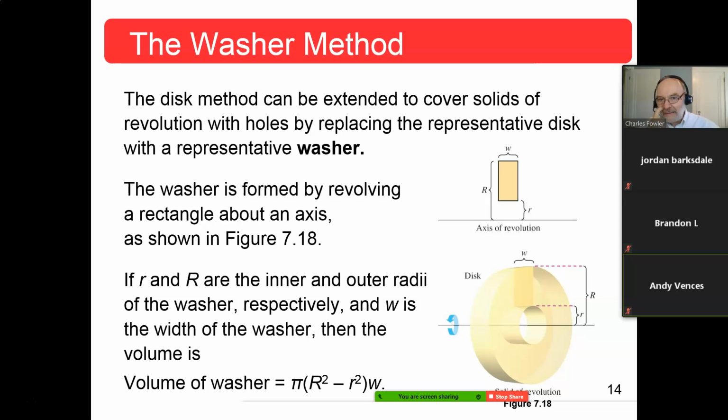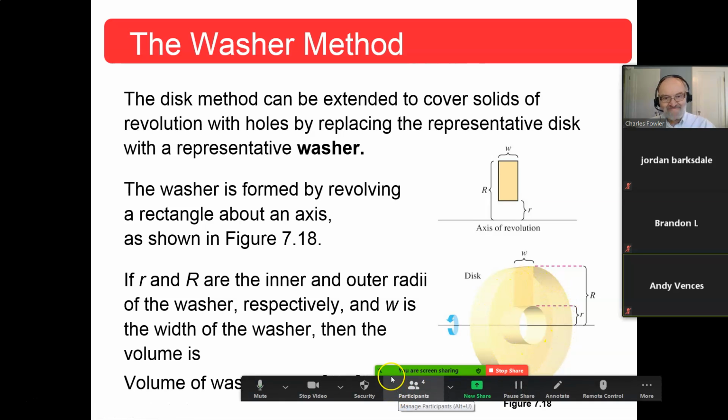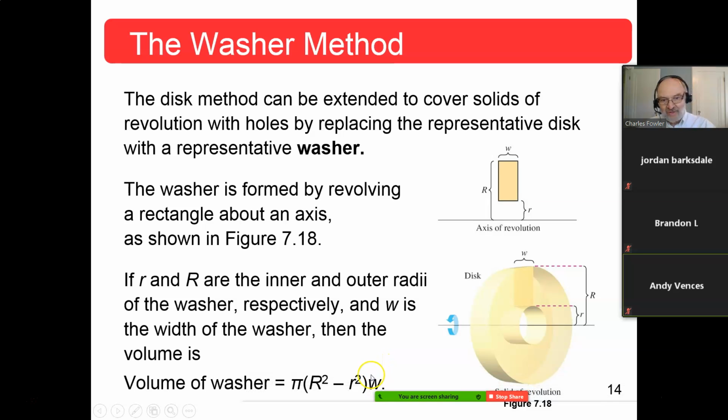Now, if little r is the inner radius and capital R the outer radius, respectively, and W is the width, then the volume of that washer would be pi times capital R squared times W, which would give you the original disk.